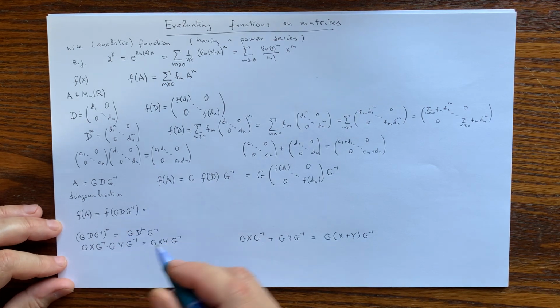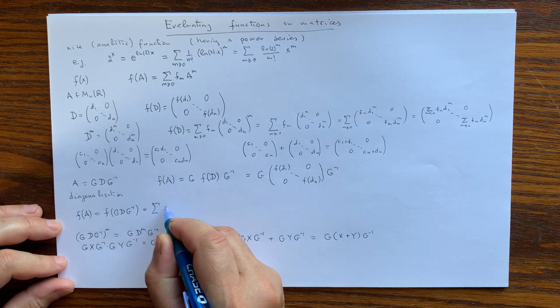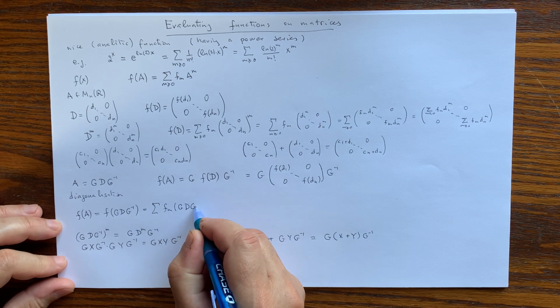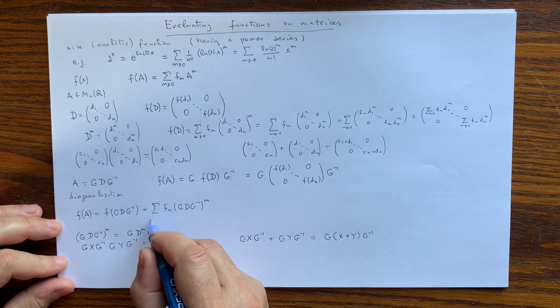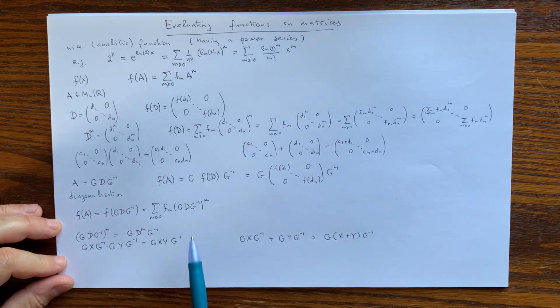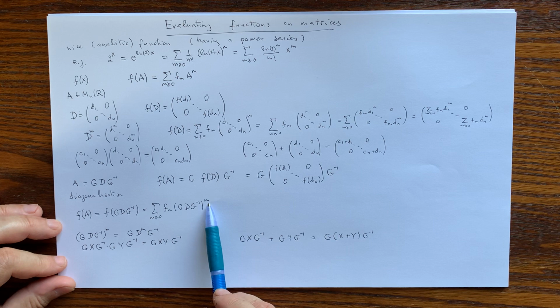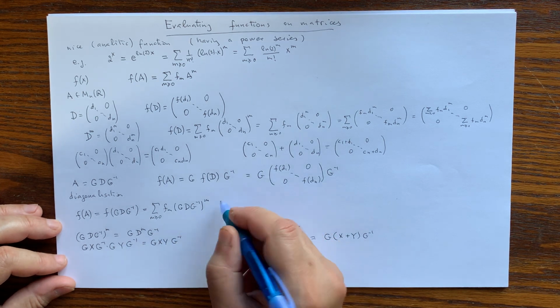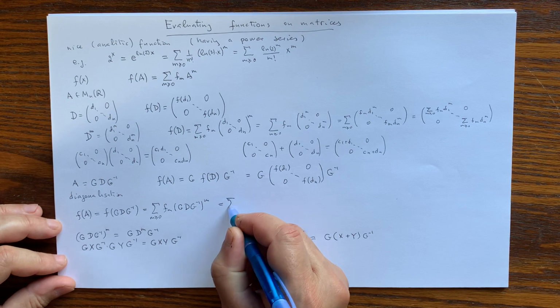So then writing what f is, following the recipe of this power series, we will have first to compute powers of this conjugate, and we know what we can replace it by.